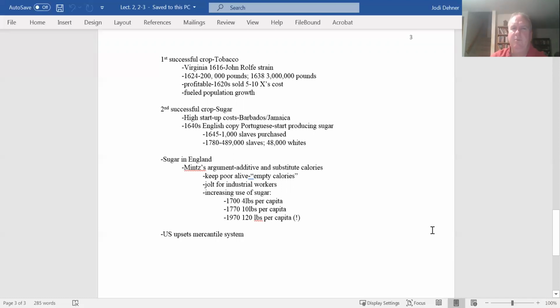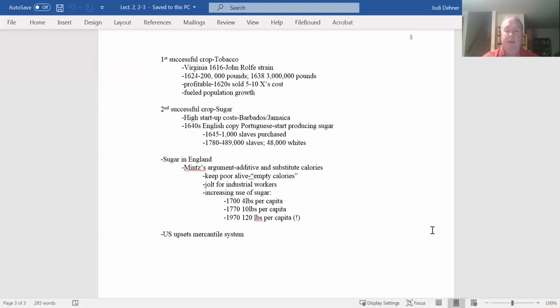The first successful product in this system is tobacco. In 1616, John Rolfe crosses a strain that was standard in the British Empire, is grown in the Caribbean, with a strain that the Native Americans smoked in Virginia. By crossing these two strains, he created apparently a more sweet tasting tobacco strain, which was less harsh for people to smoke.